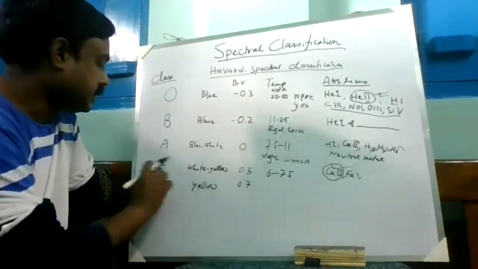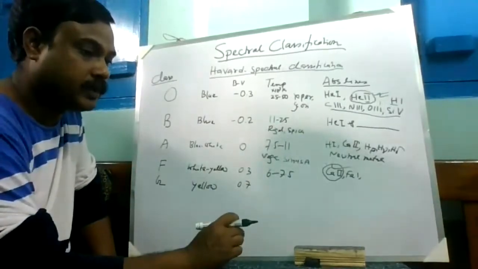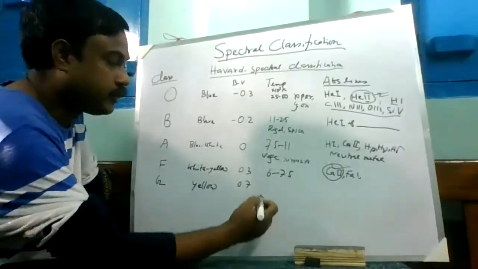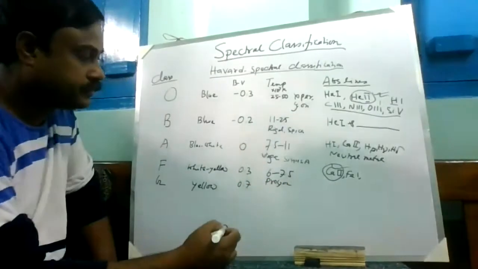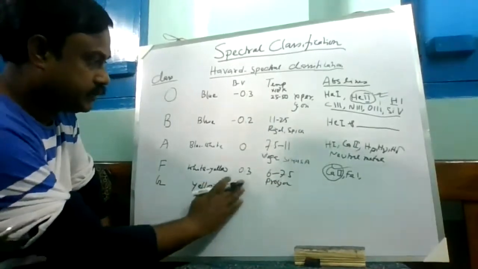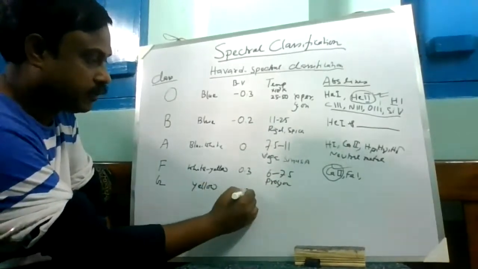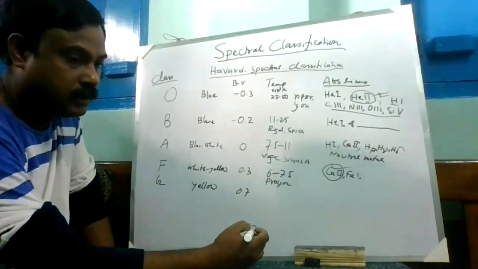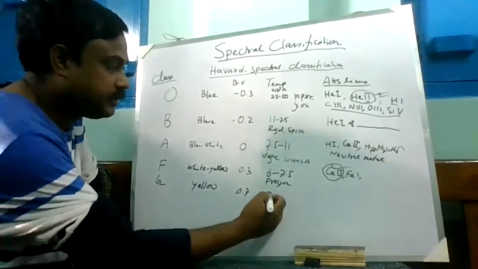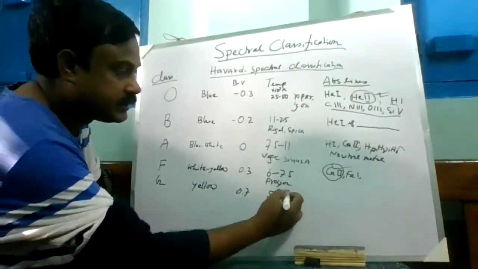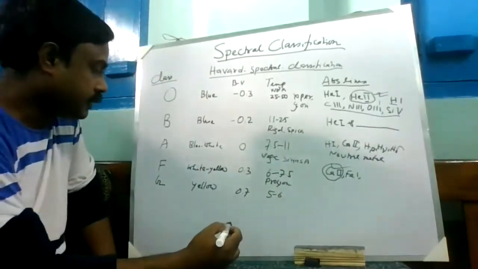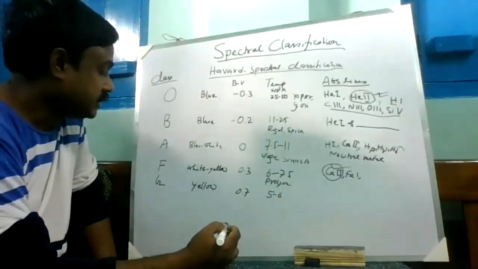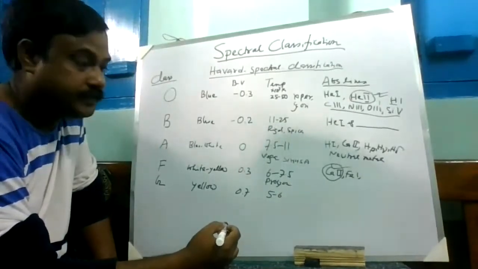Now examples of this class. An example of this is Tokyo, which is a star. Its color index is 0.7 and its temperature is 5 to 6,000 degrees Kelvin. Our sun is in this category.